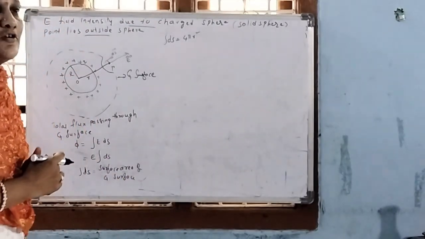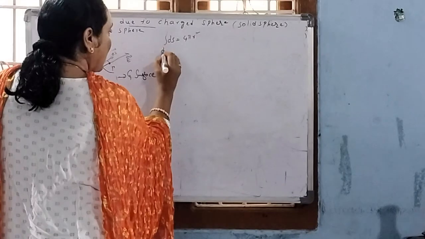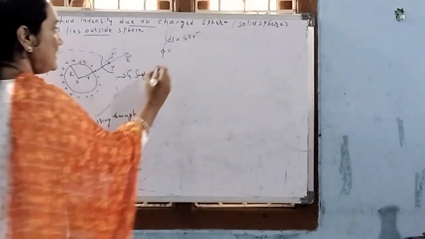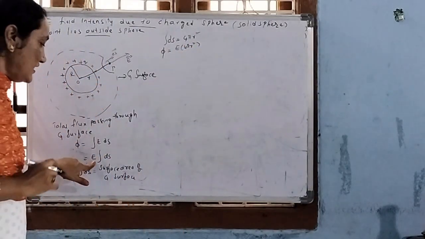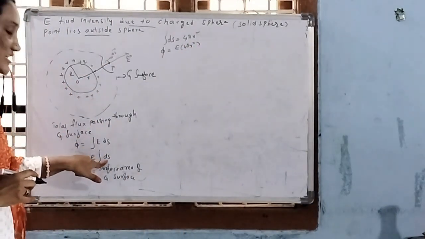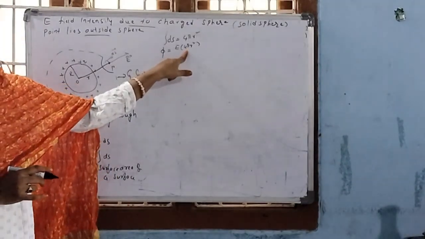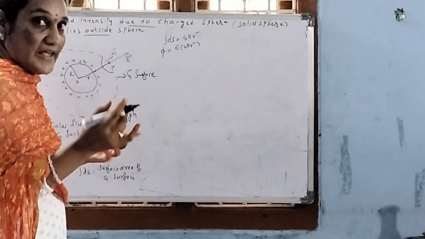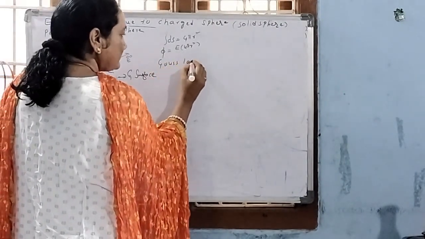Substituting this value, in phi we get E times 4 pi r square. Now next, according to Gauss law, what is the Gauss law saying?